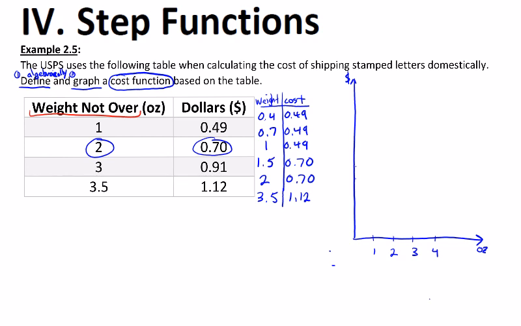I don't really want to go by pennies, so let me go by dimes when I do this. 10, 20, 30, 40, 50, 60, 70, 80, 90, $1, $1.10, and that should be $1.20 right there. So 1.20.